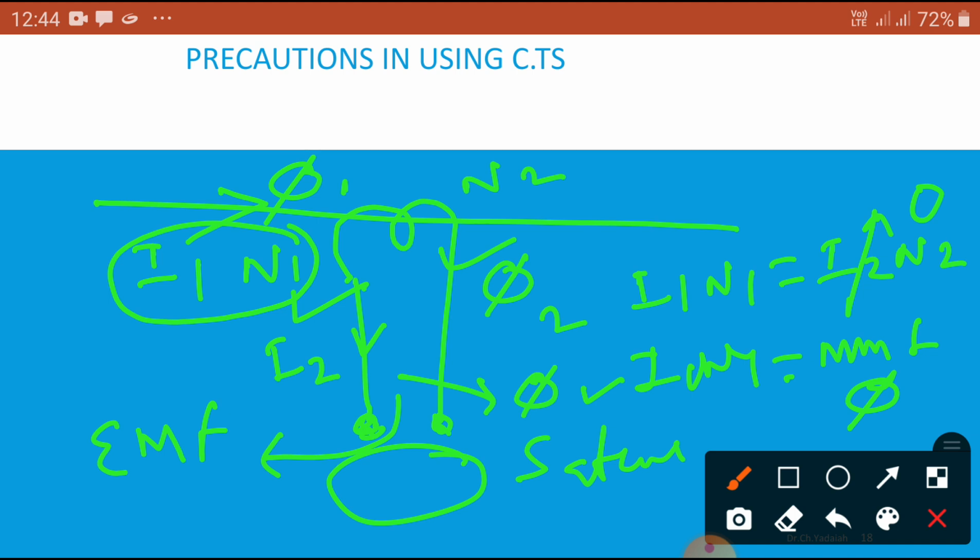At the same time, the person who is going to operate it may also get an electrical shock. Why? Because high voltage is generated at these two secondary terminals due to the open circuit. Okay, so that's why don't open the secondary terminals once the current is flowing in the primary.